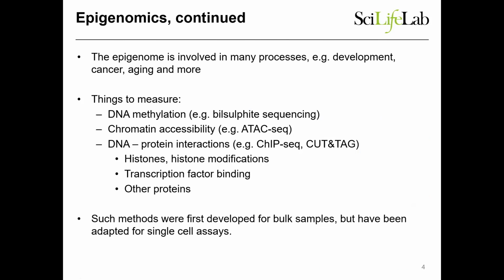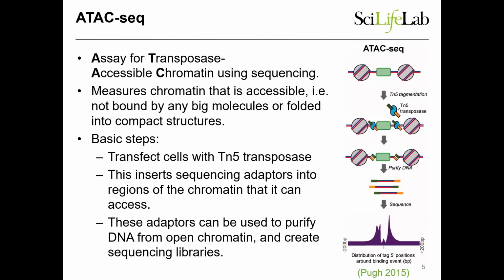It can be replication complexes, things involved in DNA damage response or whatever. And many of these methods were first developed for bulk samples and have then been adapted to single cell. And ATAC-seq is probably the most commonly used one.